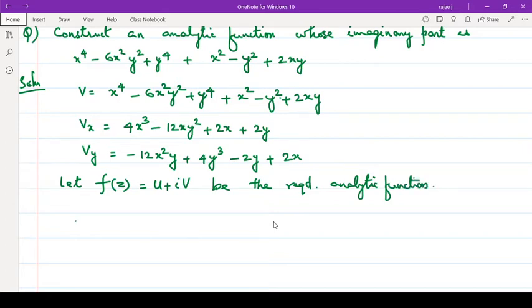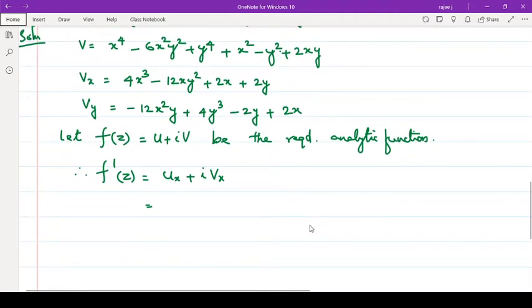Therefore f dash z is equal to ux plus ivx. Here only v is given. Since it is an analytic function, it satisfies the CR equations, so by CR equations ux is equal to vy and uy is equal to minus vx.